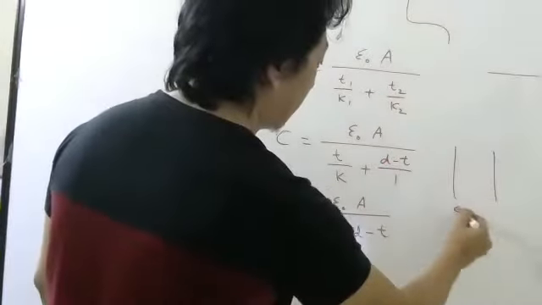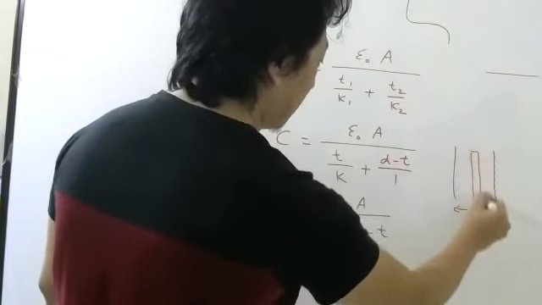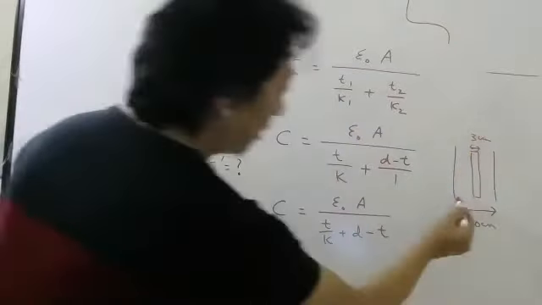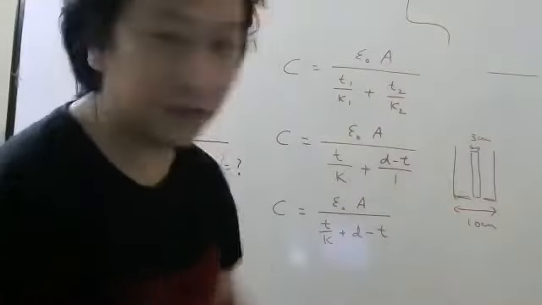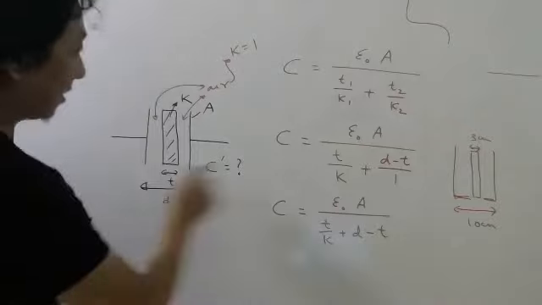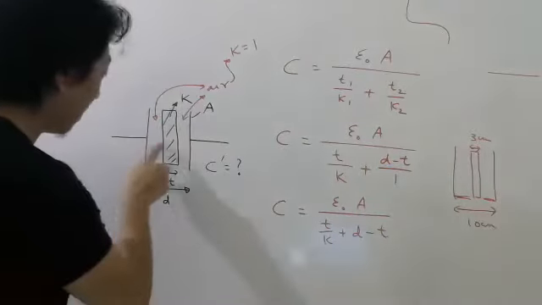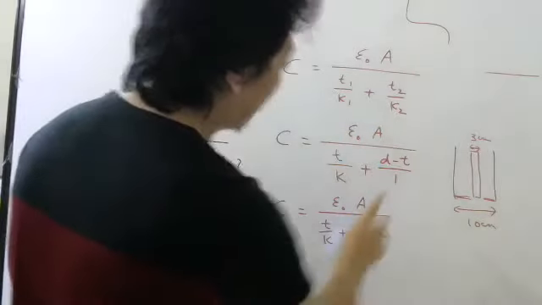If this is 10 centimeter, and I put here a dielectric of 3 centimeter, what will be the remaining thickness? Remaining thickness will be 7 centimeter. Yes or no? So remaining thickness will be D minus T. And what is the medium here and here? Air. Air means what is the dielectric constant? 1.